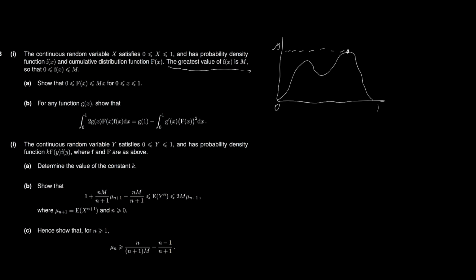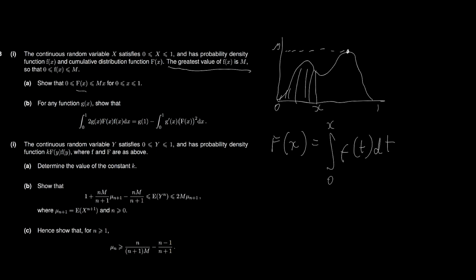If you think about what the cumulative distribution function means, the integral between 0 and x of the PDF is going to be the area underneath the curve here. So this is what F(x) is referring to.